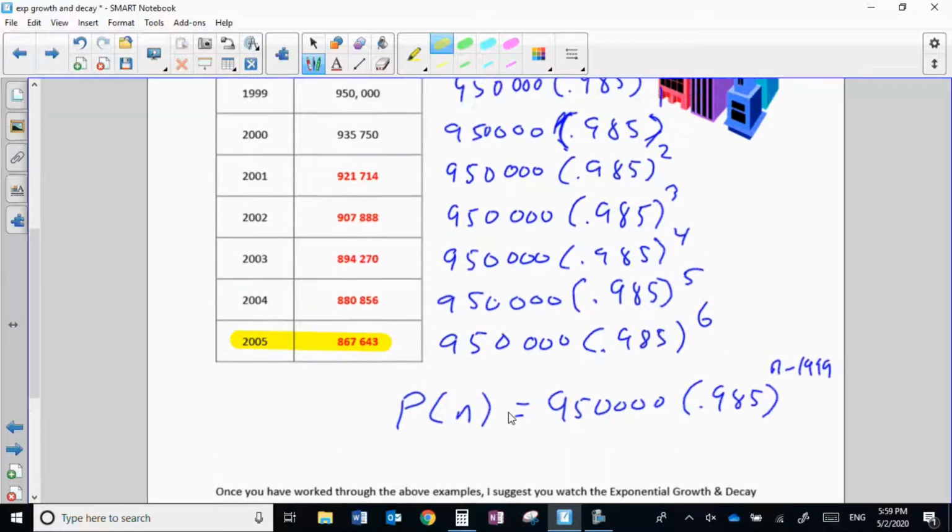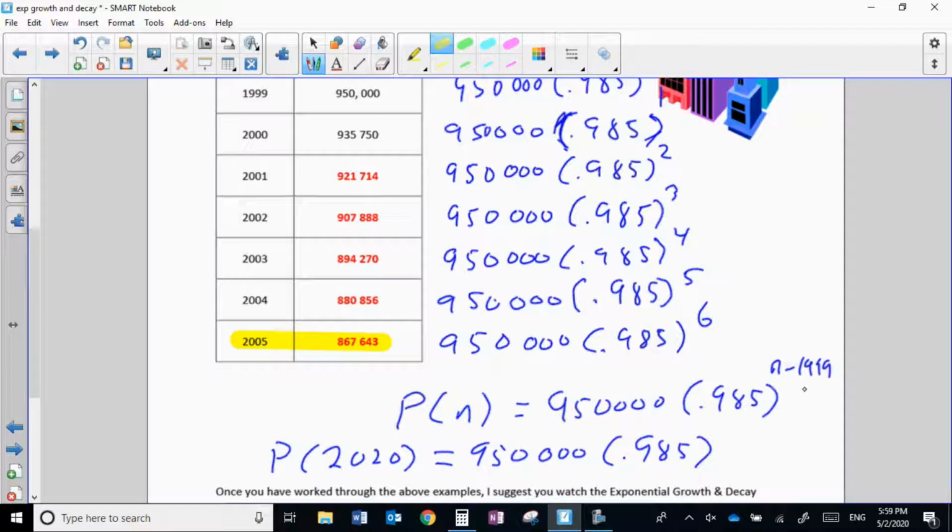Now, how about a simple question, what about the population in the year 2020? Well, we would take 950,000, multiply by 0.985 to the power of, okay, 2020 minus 1999 would be 21 years.